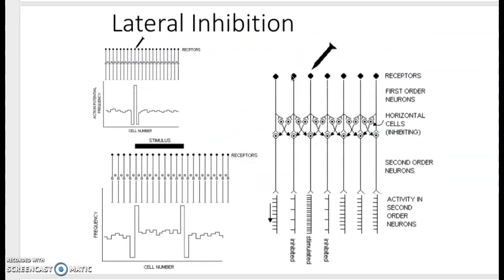Here you can see this needle is poking a part of the skin with this one neuron. So we're stimulating the one neuron, and then the two on either side are being inhibited. This picture, if you stare at the black dot, something is supposed to happen.